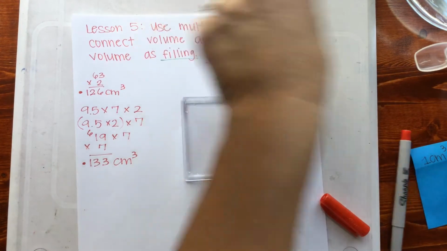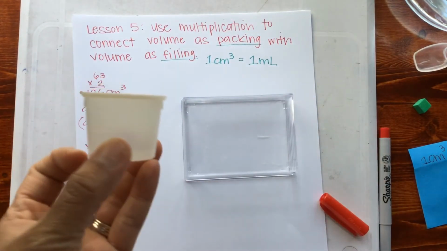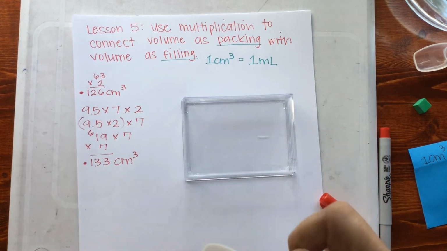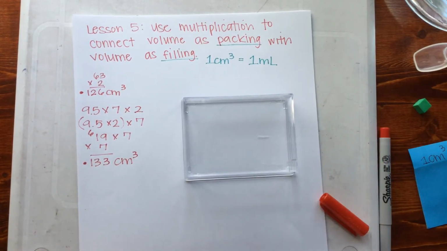So I'm going to fill it. I'm going to take some things I had around my house, a medicine cup, a dose cup. And I need to see if I can fill this with 133 centimeters cubed. So I have some water off to the side, which you can't see, but I'm checking.